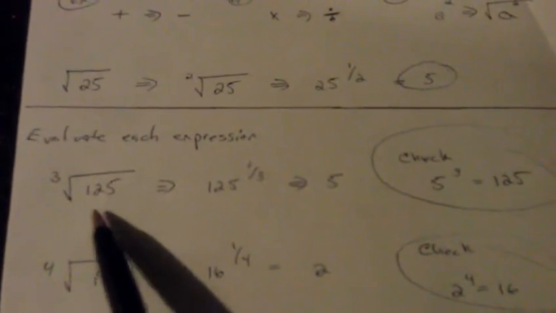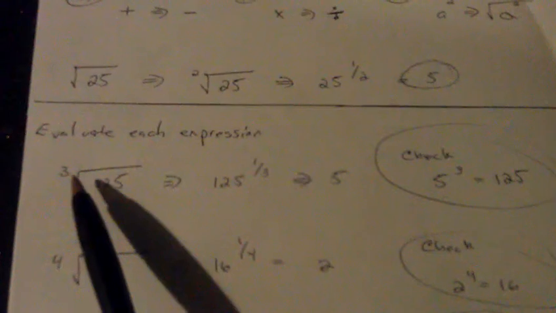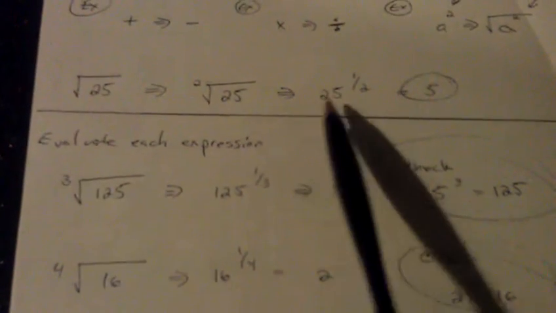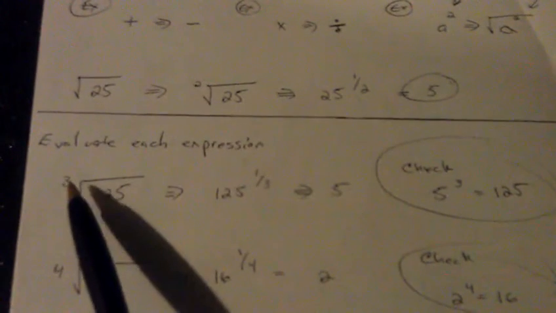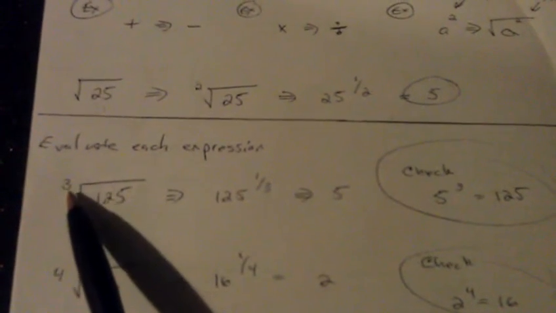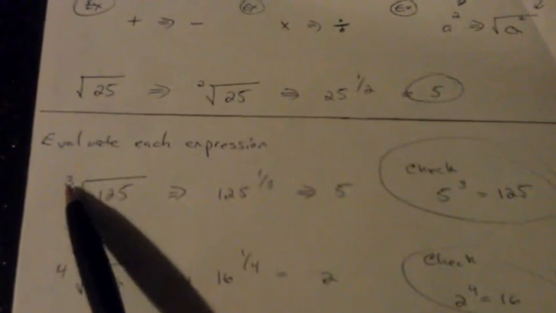And let's look further. It says evaluate each expression. In some of your classes you may have an expression like this, and your teacher may tell you to evaluate that expression. So again, in our previous example, when we have a little 2 there, we write 1/2. But now look at the 3. We have a 3. So instead of putting a 1/2, we're going to put a 1/3. The cubic root of 125, when we see a 3, that's cubic.